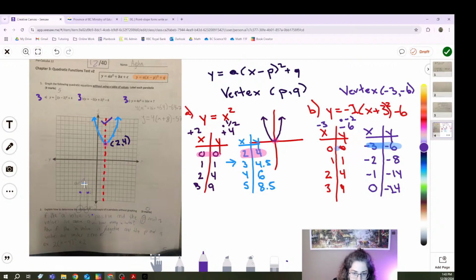You factored out the 4 first, and that would have left you with x squared plus, well, if you factor out a 4, this would have turned into 4x, plus 7 you put on the outside.